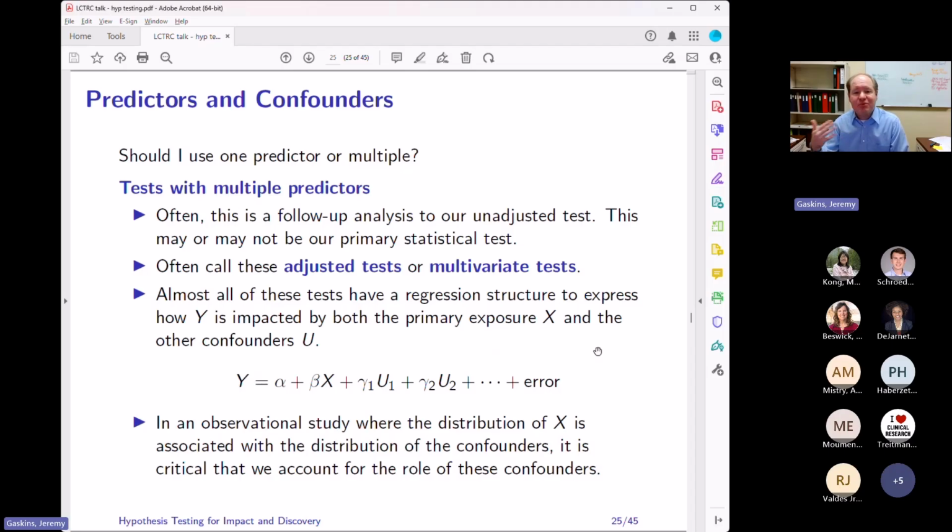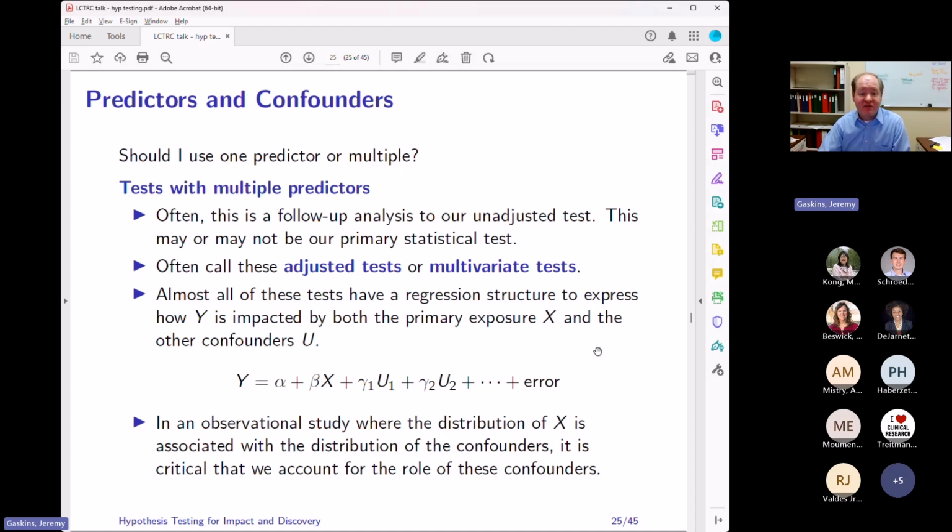Well, in practice, often this is a follow-up to our unadjusted test. Even if I expect that I have confounders that are going to play a big role, in many cases I will still run the unadjusted test just to see what's going on as a crude relationship between X and Y.